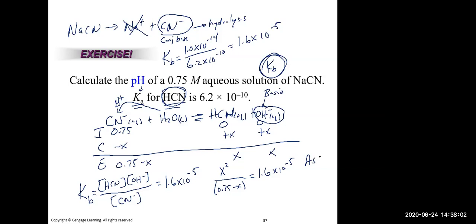We're going to assume x is equal to 0. And again, that's going to give us x squared over 0.75 equals 1.6 times 10 to the minus 5. We're going to multiply the 0.75 from the bottom to the other side. We're also going to take the square root of it.